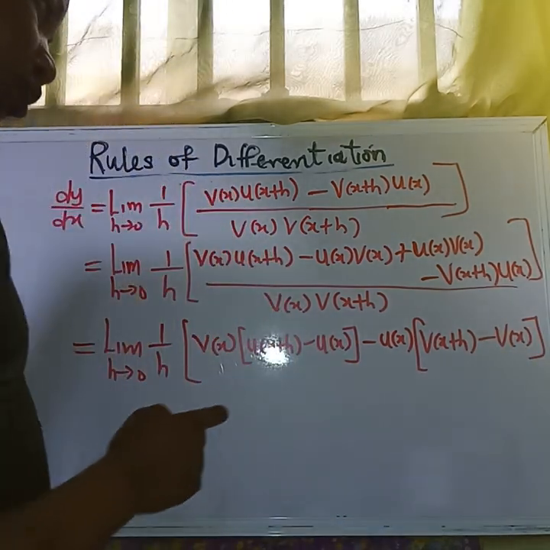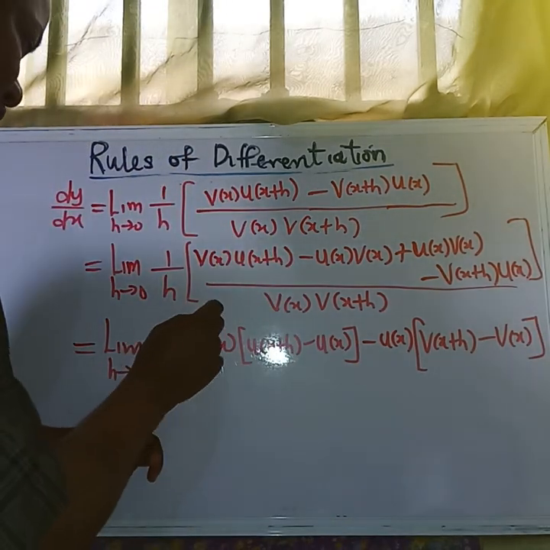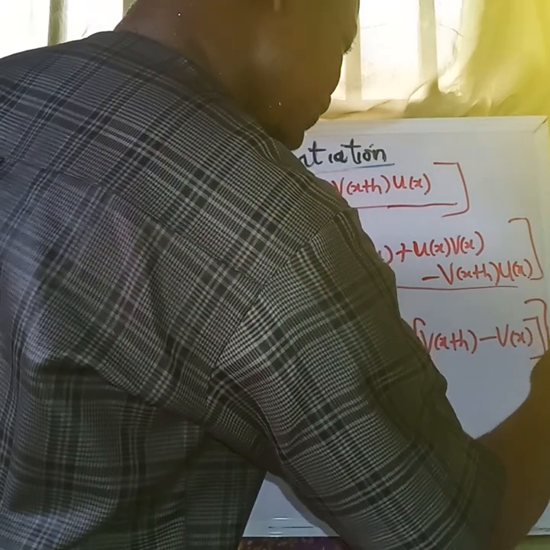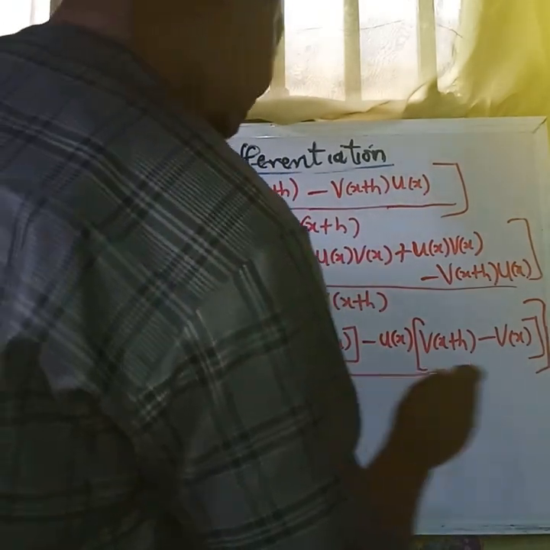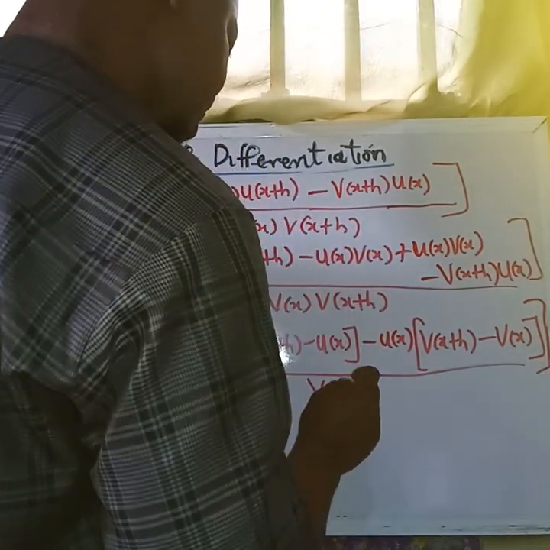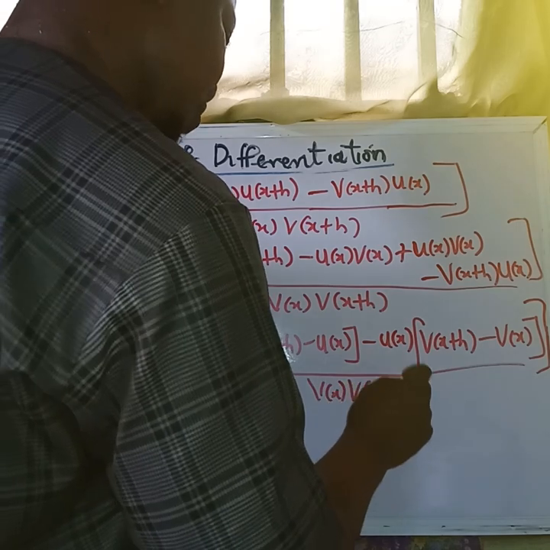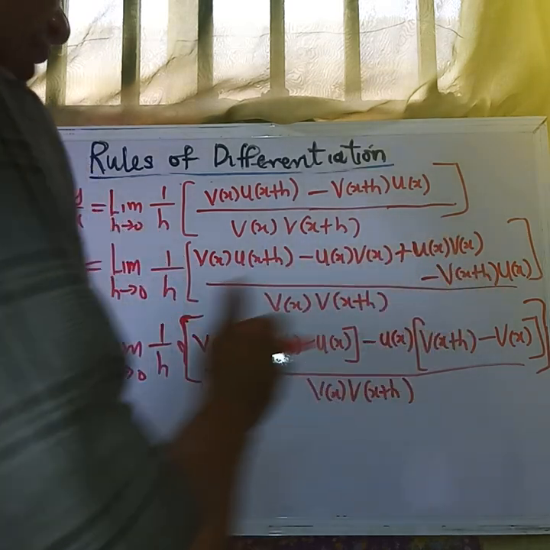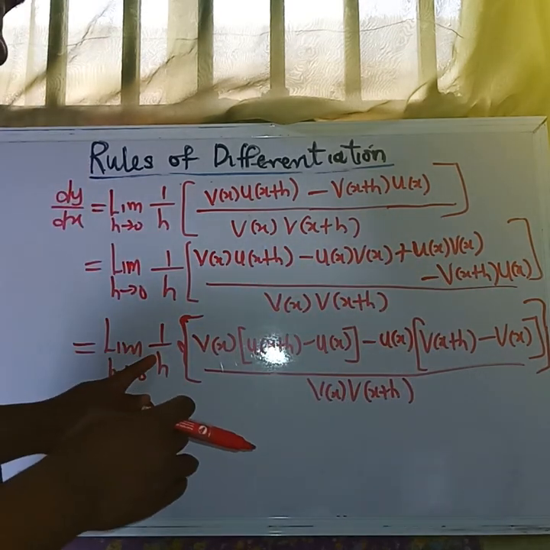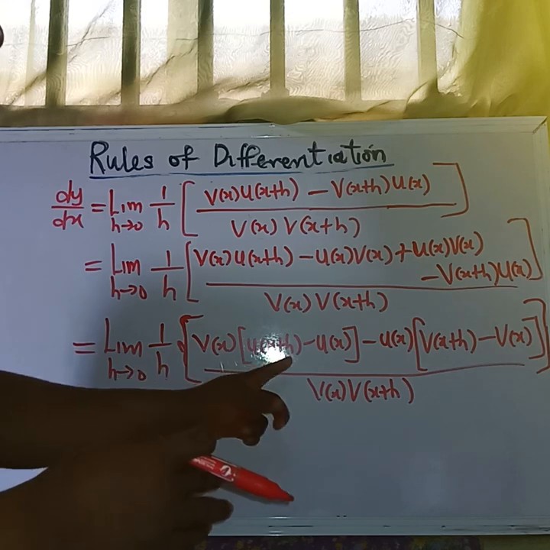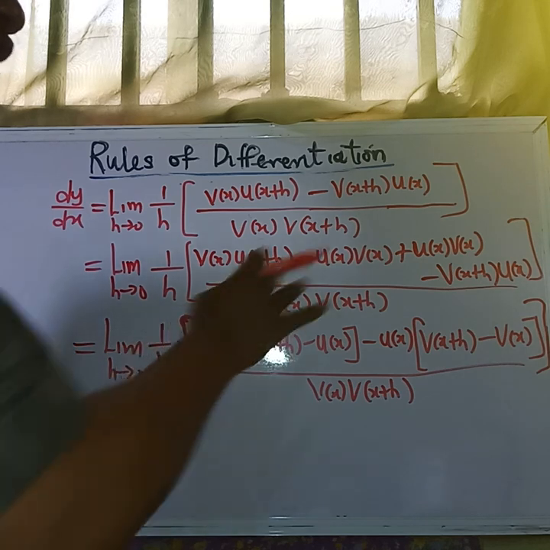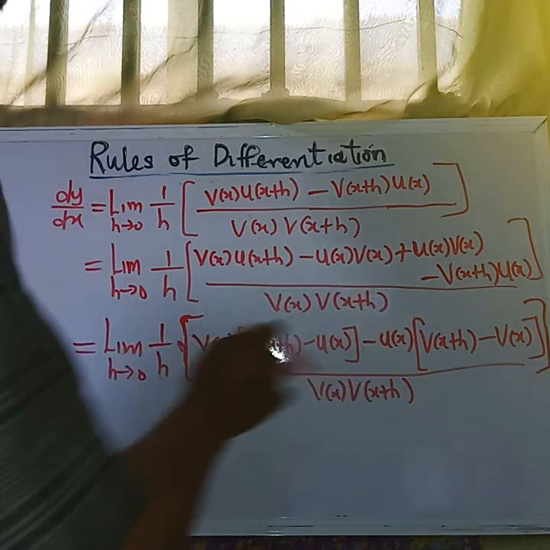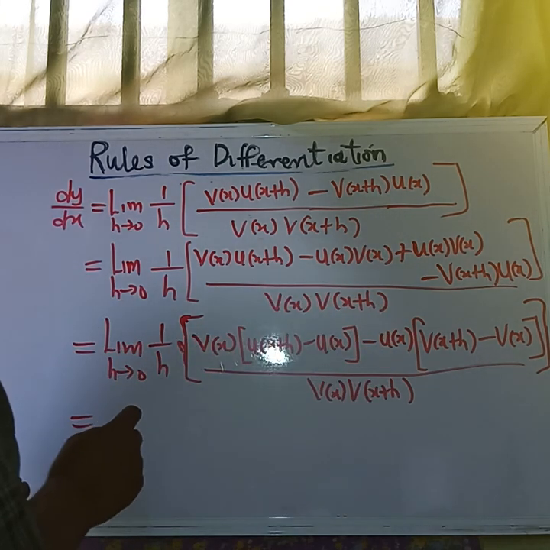Let's give this a bigger bracket, so it's closed there, and everything over v of x plus h. So we are able to group this term into two. Then we can now take this term in, after which we will apply the limit to each term in the expression here.